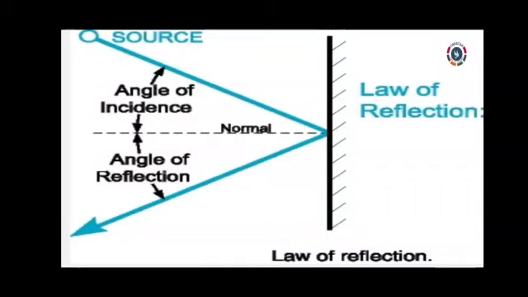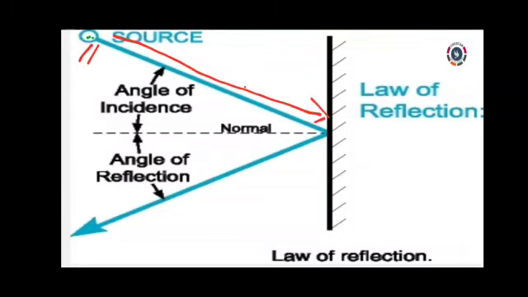Let's see what the laws are. It has two laws. The first law, simple guys, listen: the angle of incidence is equal to the angle of reflection. From the light source, the light ray hits the mirror surface.